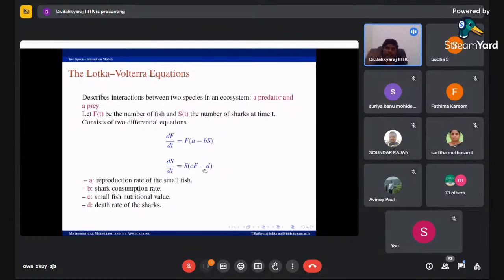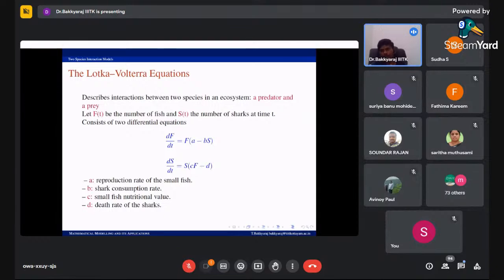And of course the natural death rate of sharks is there, because once the fish population is decreasing and the shark population is increasing, then naturally scarcity of fish will come, and the sharks will start to die. So d is the death rate, so that is minus d times s.